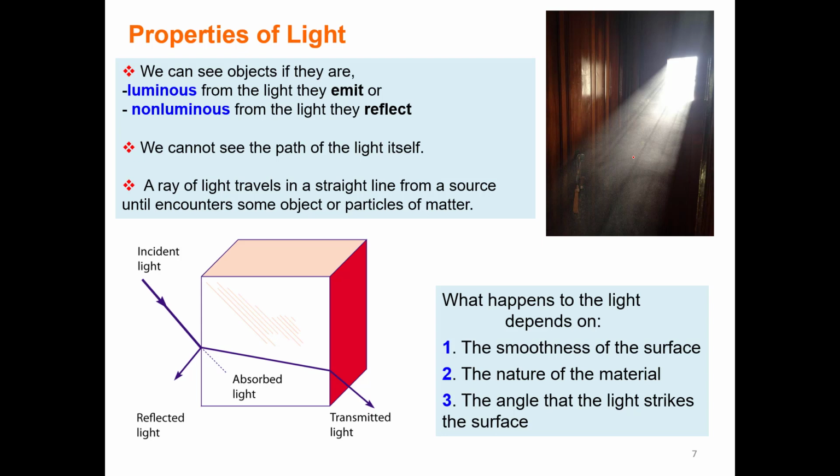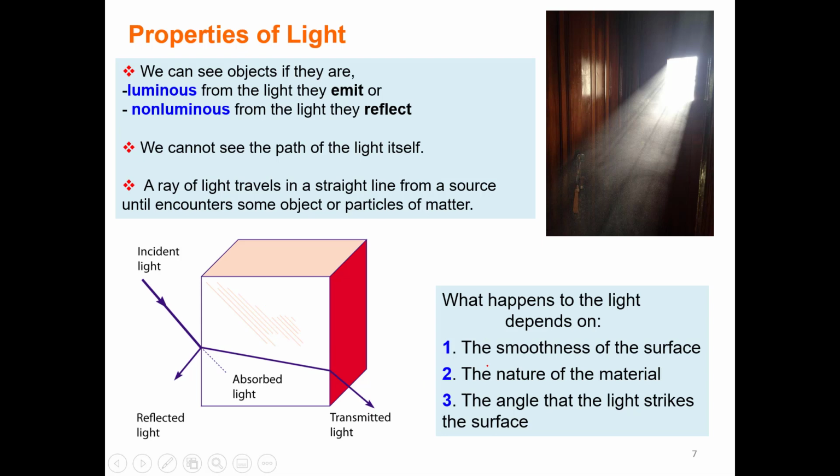Now, what happens when the light interacts with some matter? It depends on three different things. When the light interacts with matter, like for example this cube here, it depends on these three things.